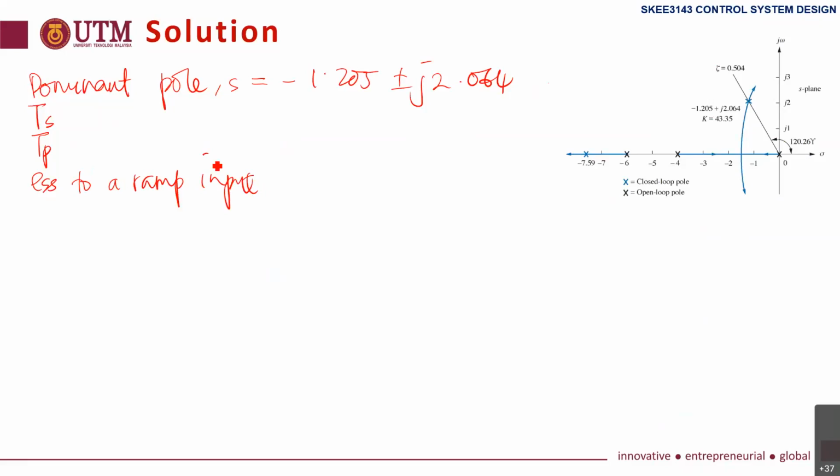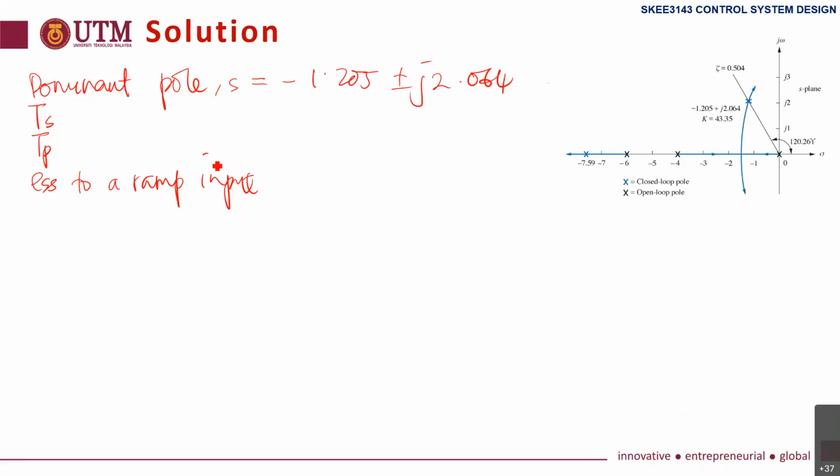You see, this is a type 1 system. If we calculate error based on unit step input, then surely it will be 0 because this is a type 1 system. If ramp input, then you can get a value, not 0.